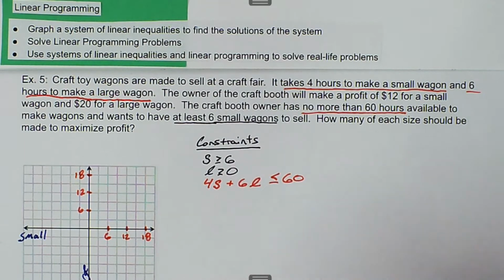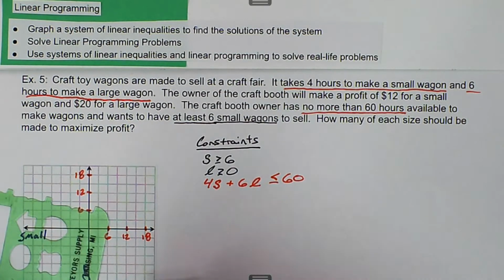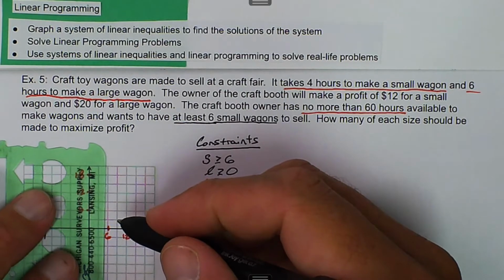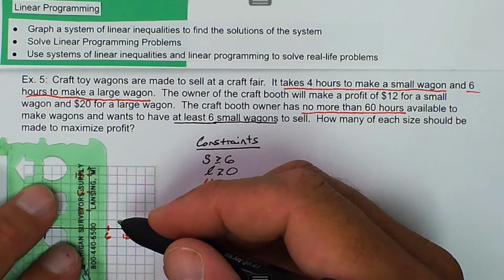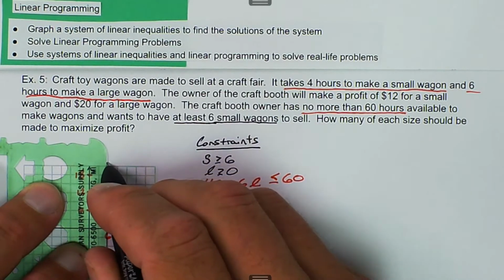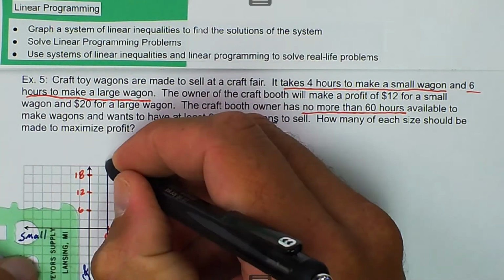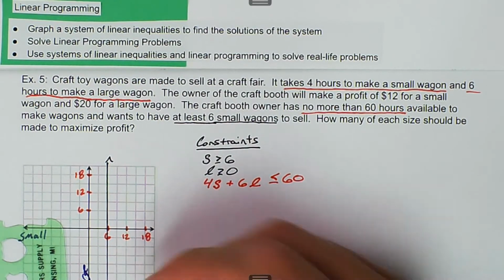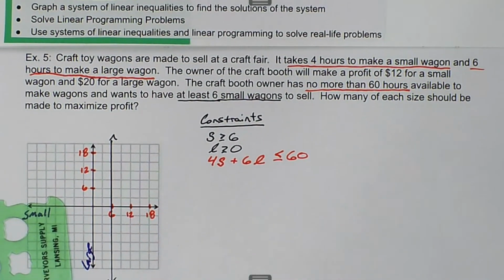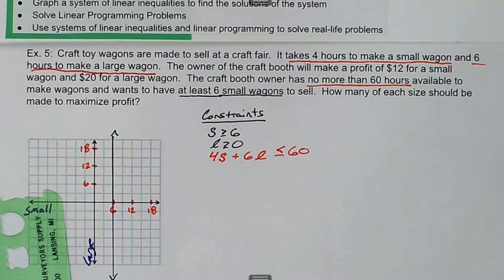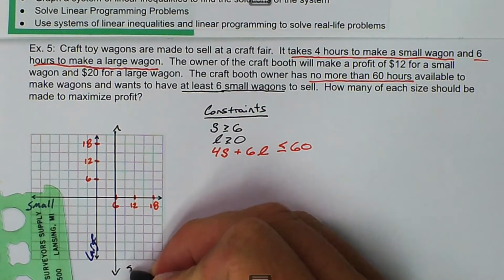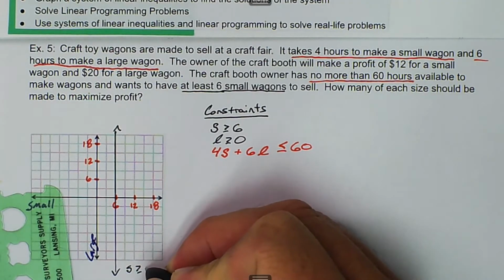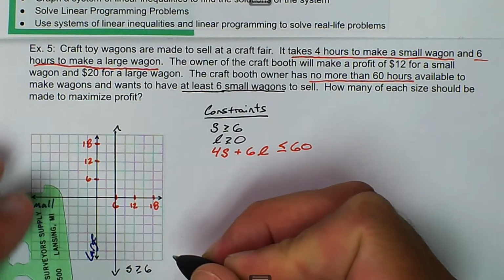So S has to be greater than or equal to 6. So the small wagons have to go to 6. And so that one is going to be right here, this line. So that is S is greater than or equal to 6.